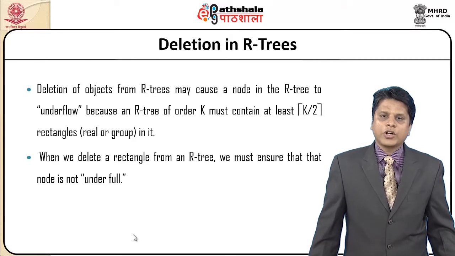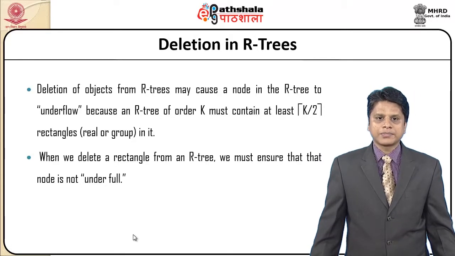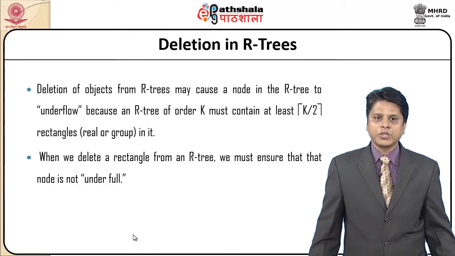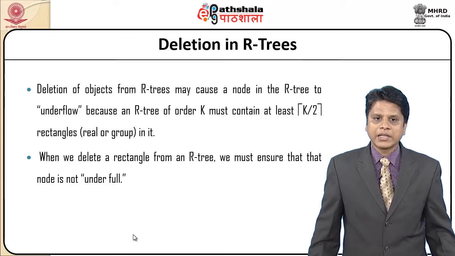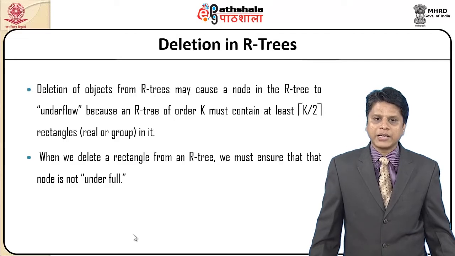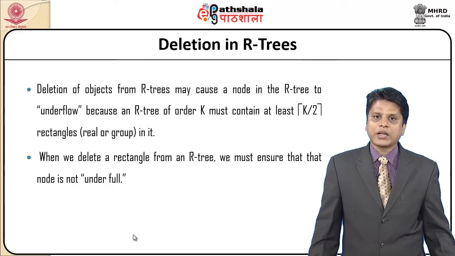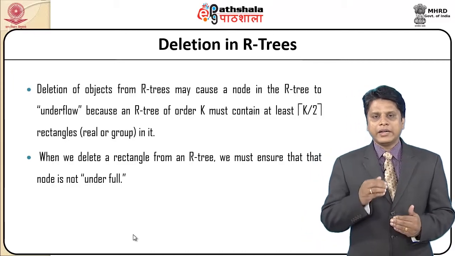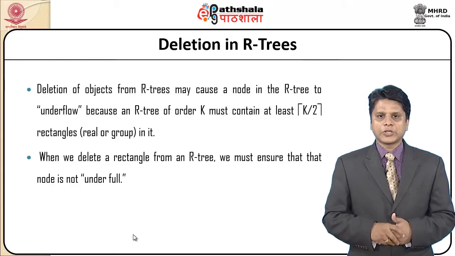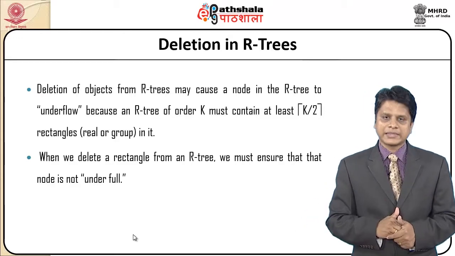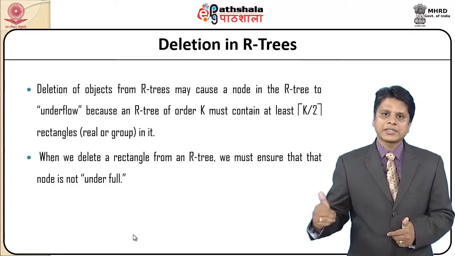Now let us understand the procedure of deletion in R trees. Deletion of objects from an R tree may cause a node in the R tree to underflow, because an R tree of order K must contain at least K/2 rectangles in it. So when we delete a rectangle from an R tree, we must ensure that the node is not underfull. That means it is not the same procedure as we follow with the MX quadtree, where we make all the elements of that particular node null, all the directions null.